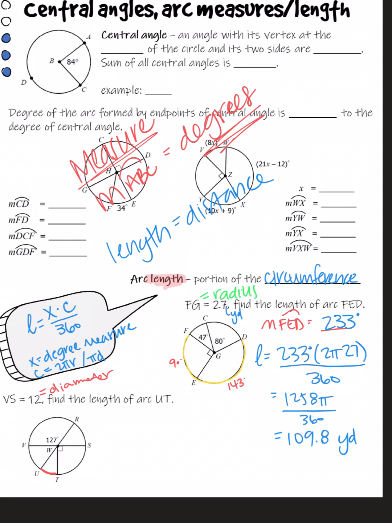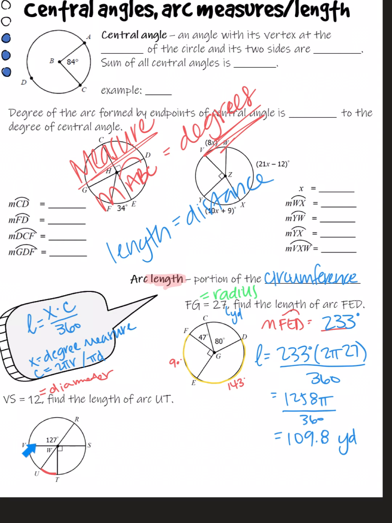This one we're going to have to do a little bit of work to get the measure. We know that this one is 90, this one is 127. These right here are clearly vertical angles, so they are congruent. If I can figure out this one, I can find this one, which will help us find this one.